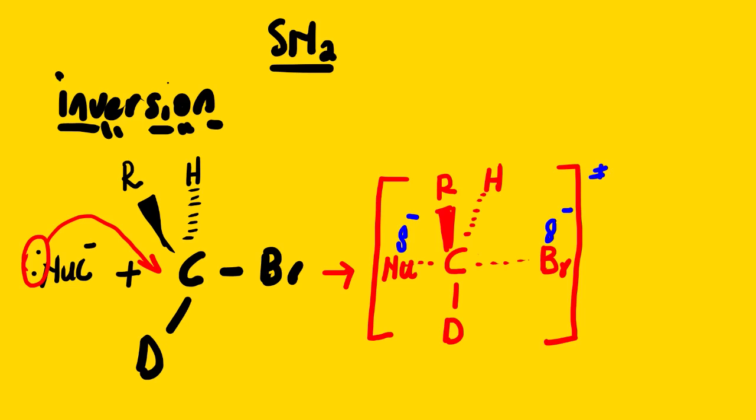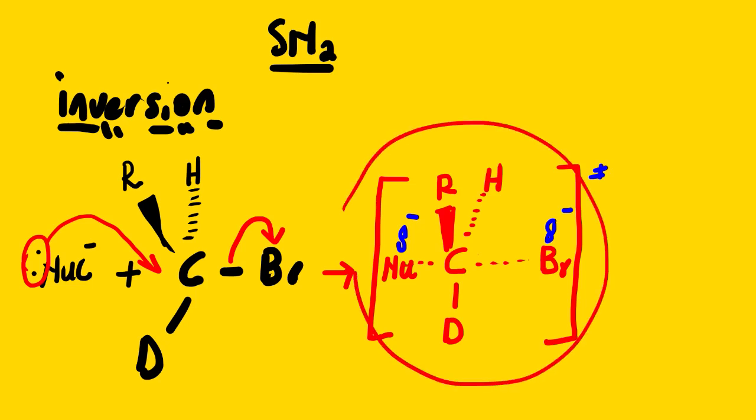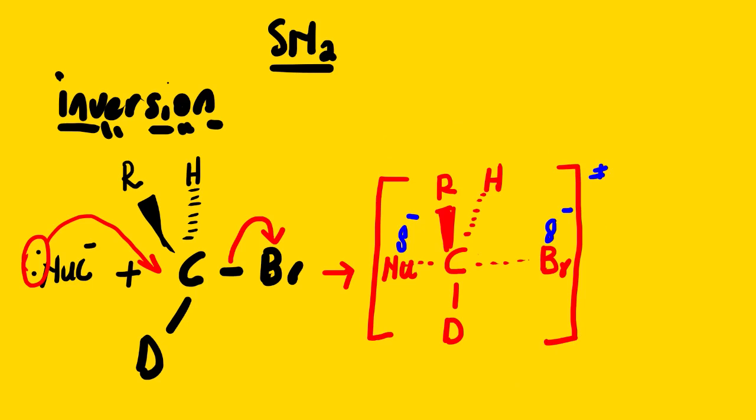So if we have a negative charge and also a negative charge, it is not possible for them to attract each other. Just to make sure that we write the mechanism correctly, a pair of electrons will move from the bond between carbon and bromine, and it will leave as a halide ion. This is just a transition state whereby the bonding and the breakage all happen. We can also say this undergoes a hydrolysis reaction.